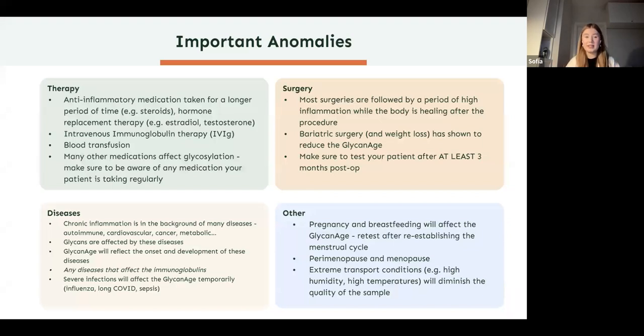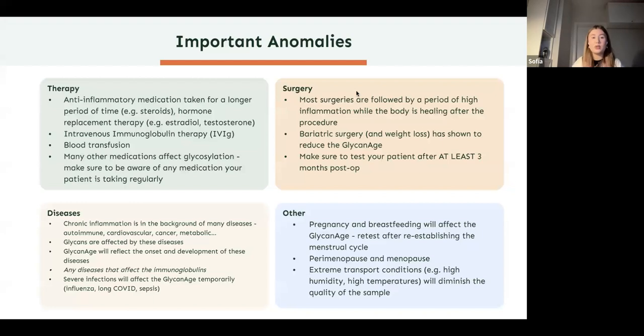Blood transfusions, again, self-explanatory, and many other medications will affect glycosylation. So just keep an eye out for any medication your client is on, and just be aware that this could also impact the GlycanAge.